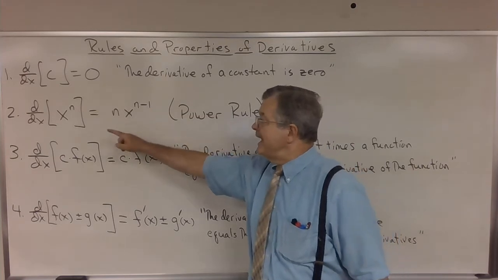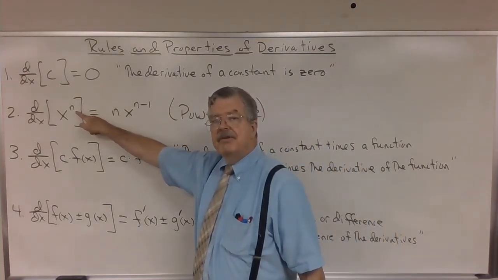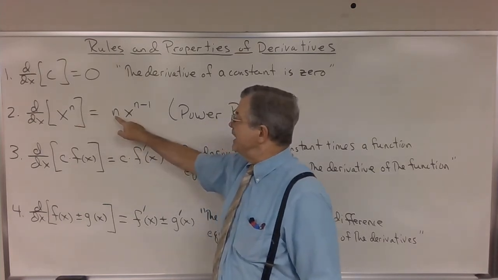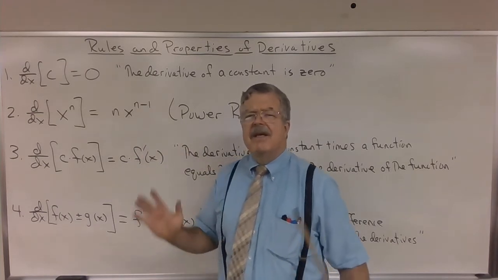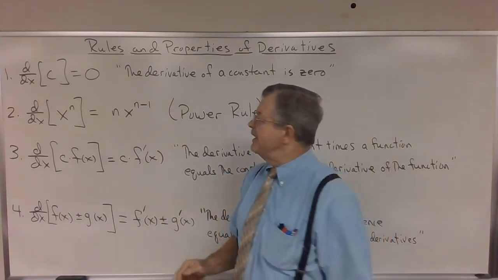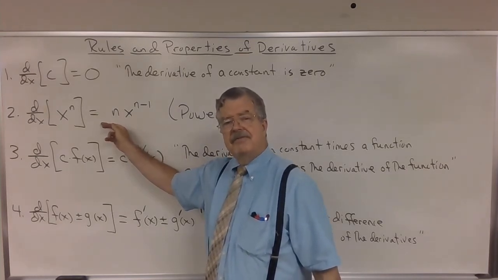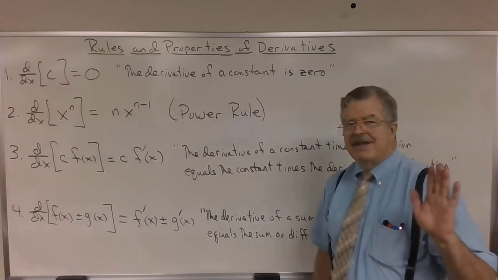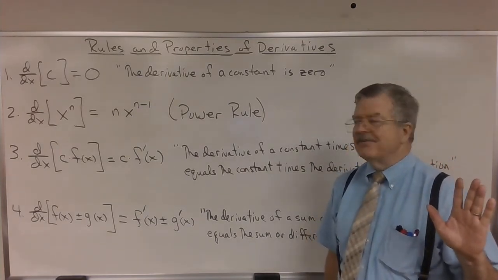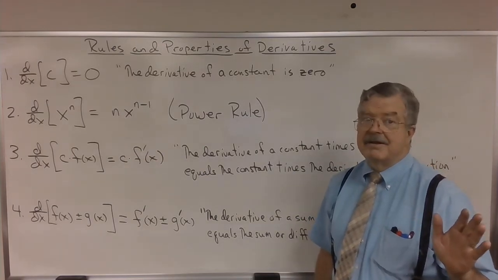You can put a ham sandwich in here for n, and when we compute the derivative, we're going to get a ham sandwich times x to the power of a ham sandwich minus 1. No matter what the exponent is, this is going to be the derivative. It seems too simple to work for every real number exponent, but it does.